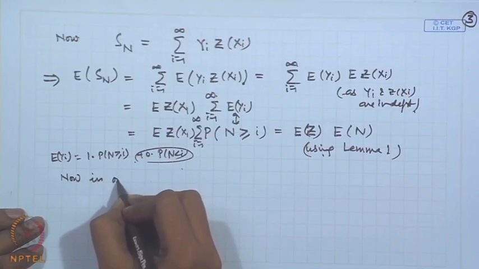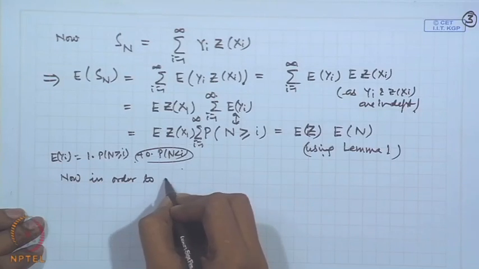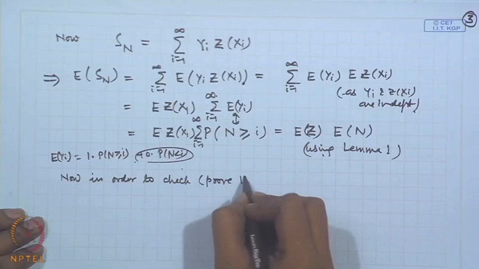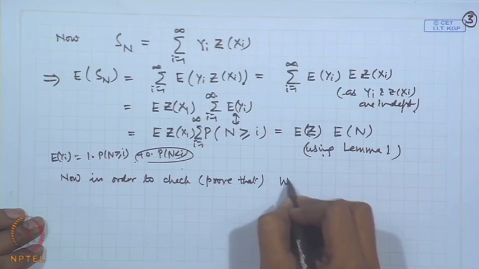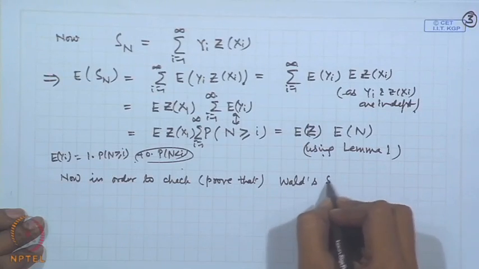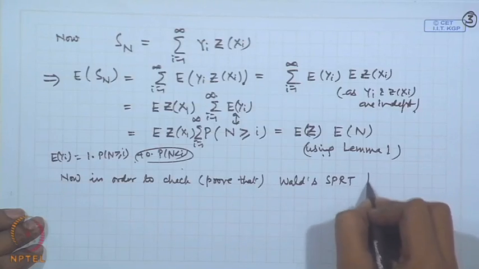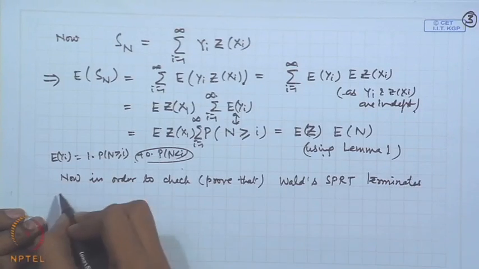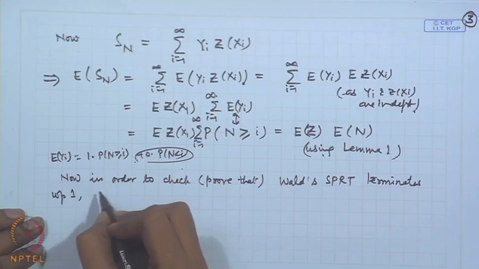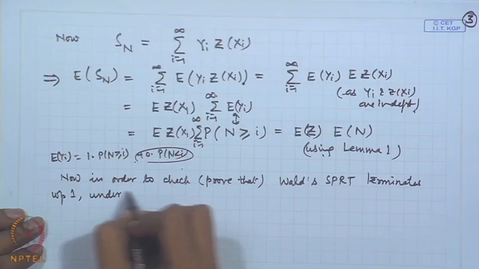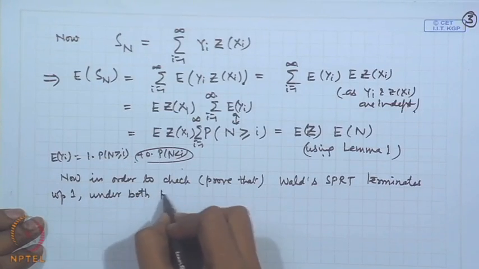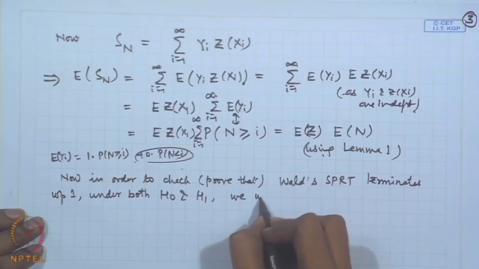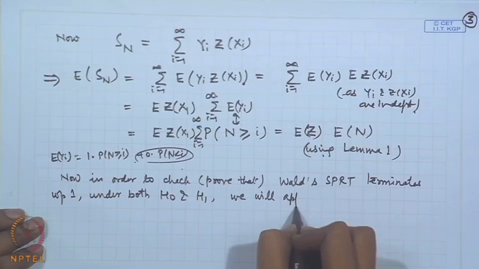Now, in order to check, or you can say prove, that the Wald's sequential probability ratio test terminates with probability 1 under both H naught and H 1, we will apply theorem 3.